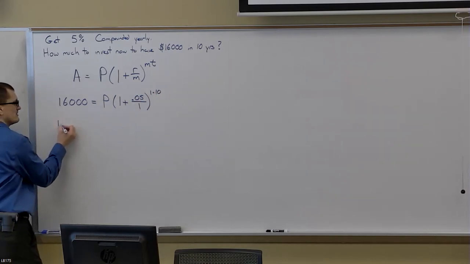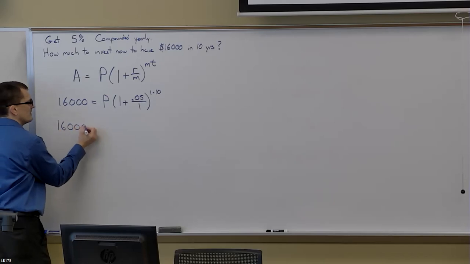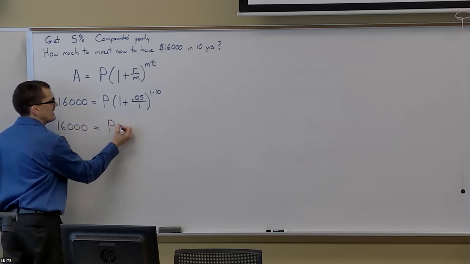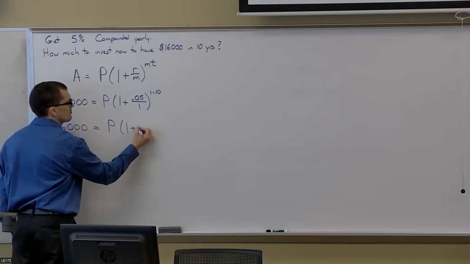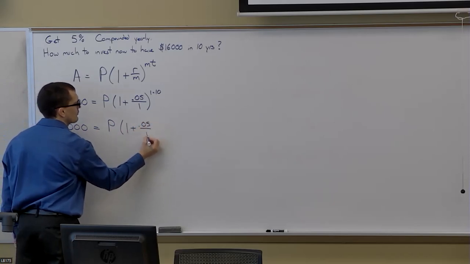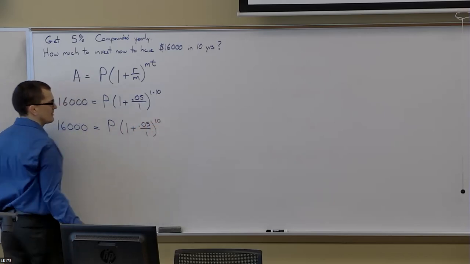So in other words, 16,000 is equal to P times 1 plus 0.05 over 1 to the 10th power.